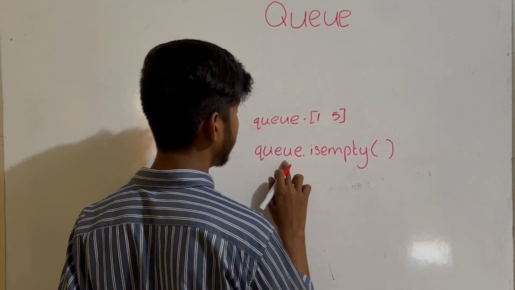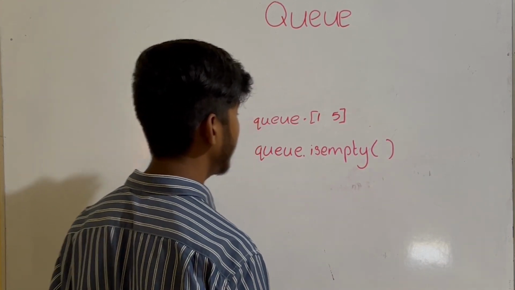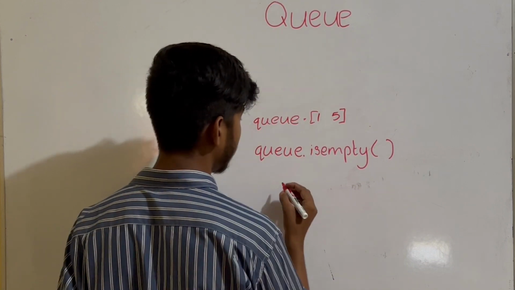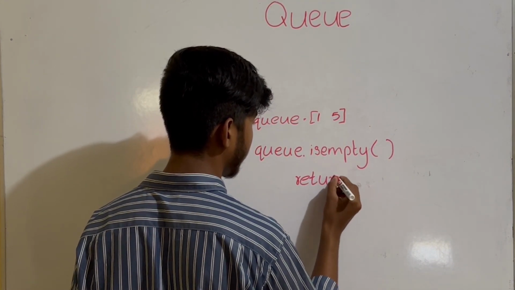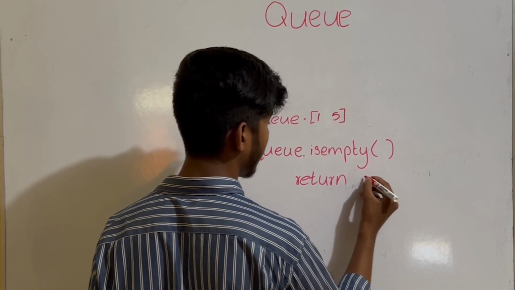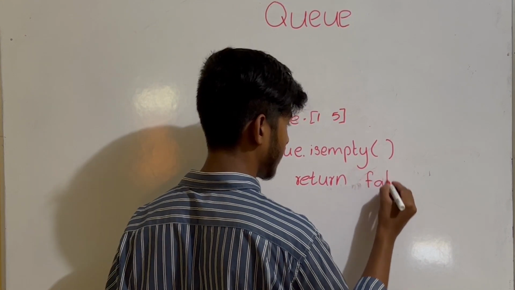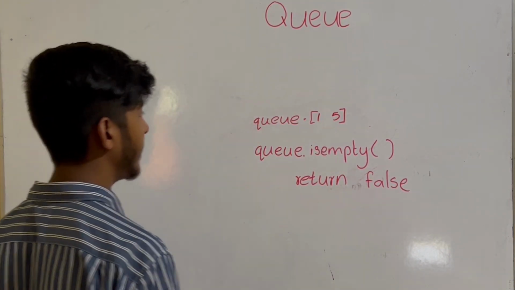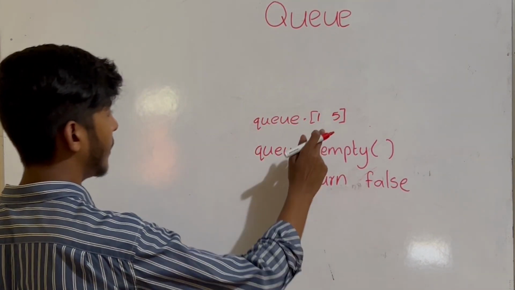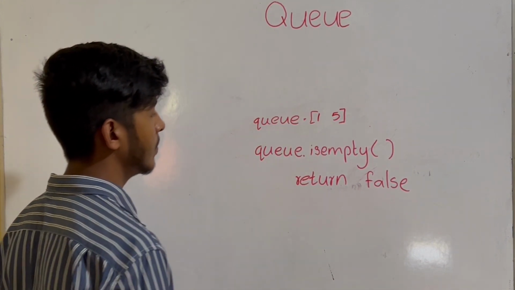When we call queue dot isEmpty, it returns false, because the queue is not empty. There are 2 elements in the queue.